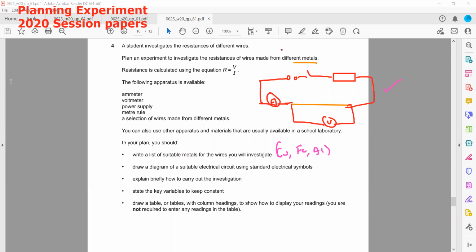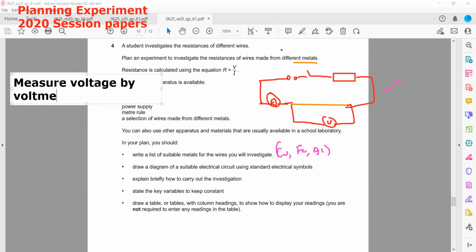We'll connect a voltmeter in parallel and an ammeter in series. We switch on the circuit and measure the voltage and current, and we'll repeat the experiment. So how we carry out the experiment: we'll measure voltage by voltmeter and the current by ammeter.